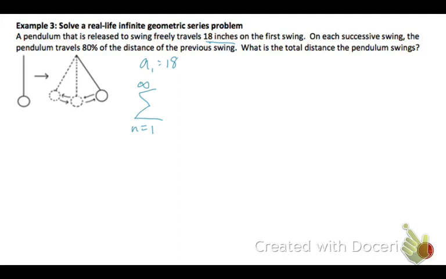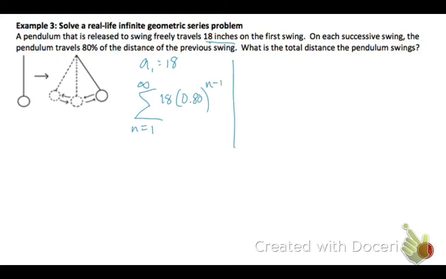What's happening is that it is decreasing by 20%, or it's being multiplied. Each subsequent swing is 80% of the previous one. As a rule, it would be 18 times 0.8 raised to the n minus 1.